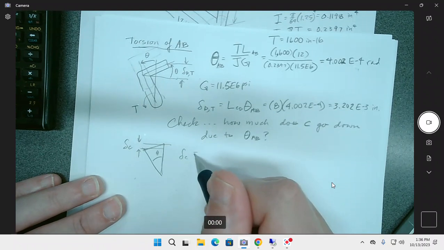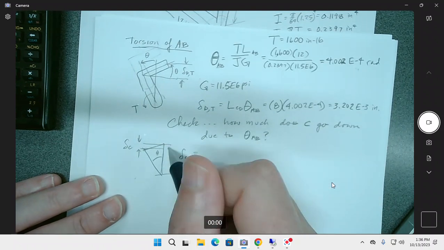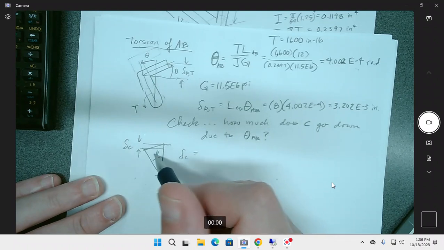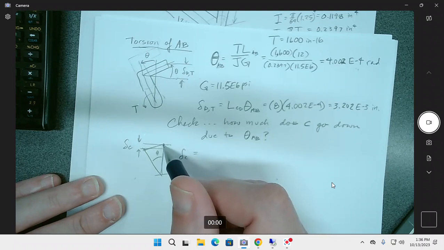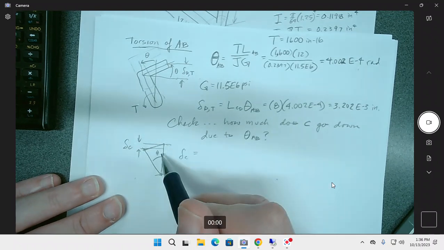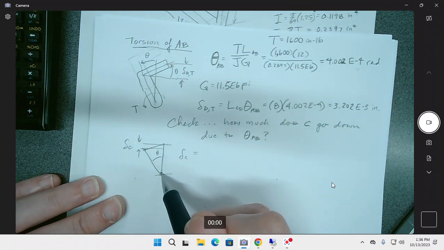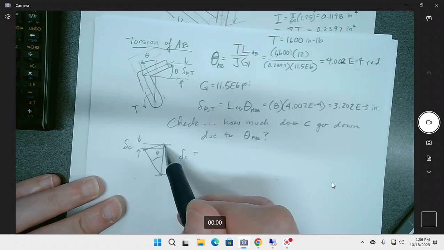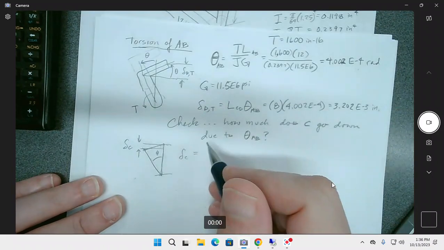Delta C is going to be equal to, we'll treat this like the hypotenuse, which is true. Well, thing is, this is an approximation too, because you could say that this is the hypotenuse. You could say that this is not a square angle. Let's pretend like it is a square angle.